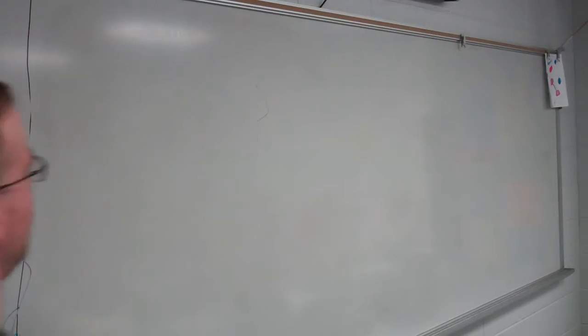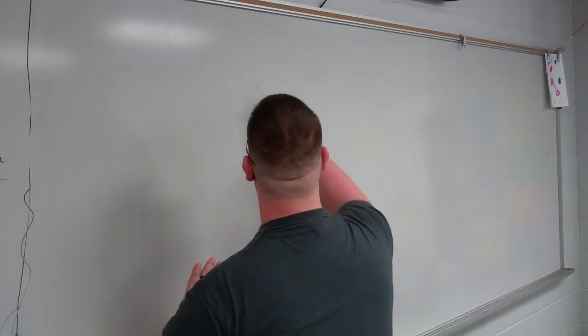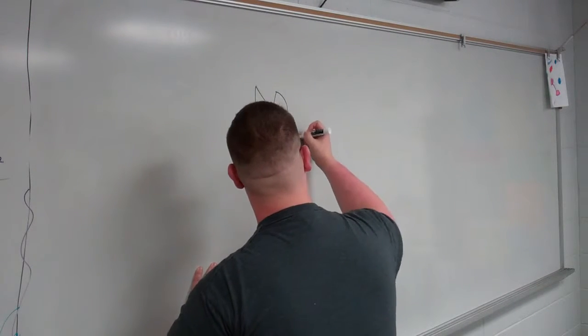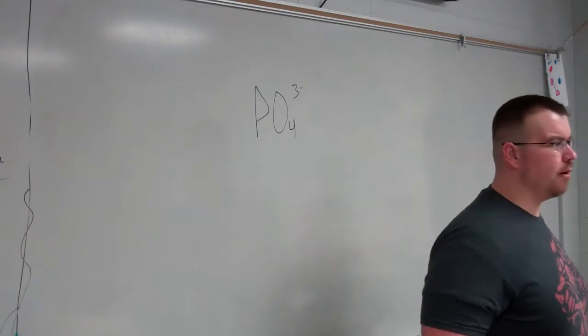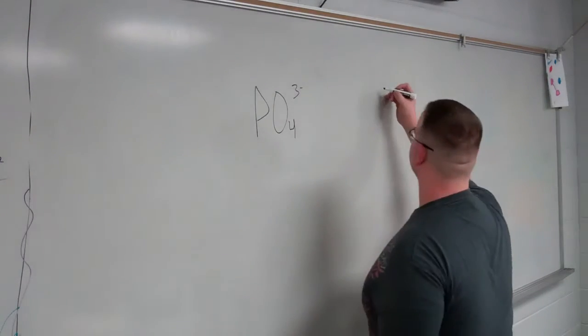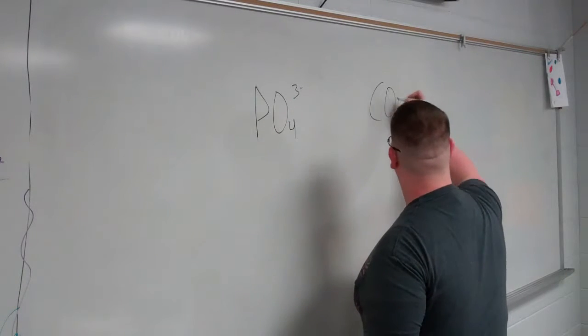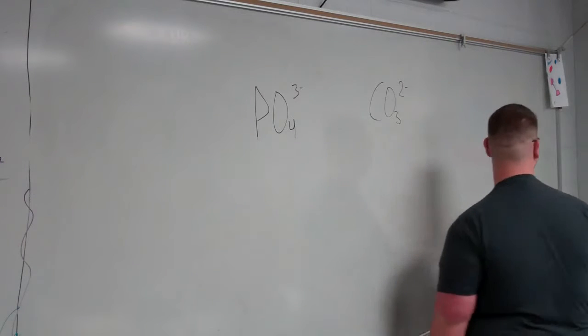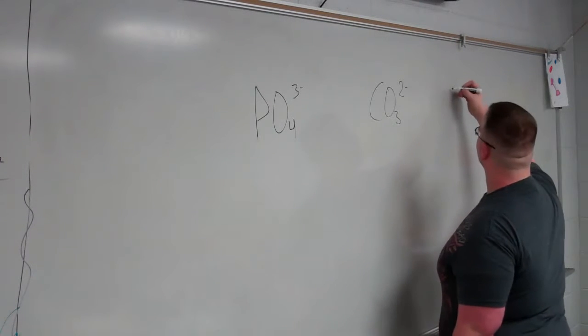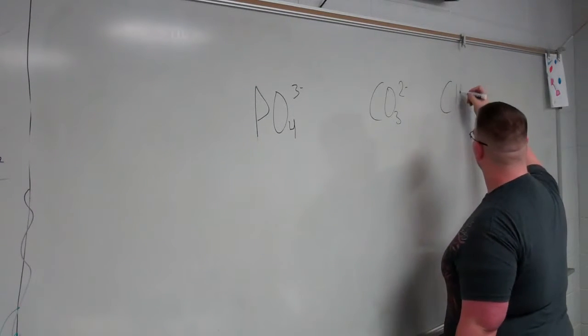Okay, PO4 3 negative. What's carbonate? CO3 2 negative. Chlorate: ClO3 negative.